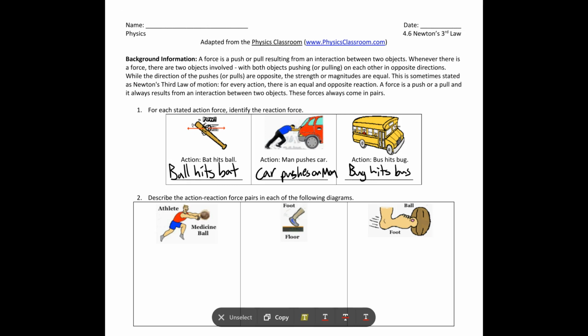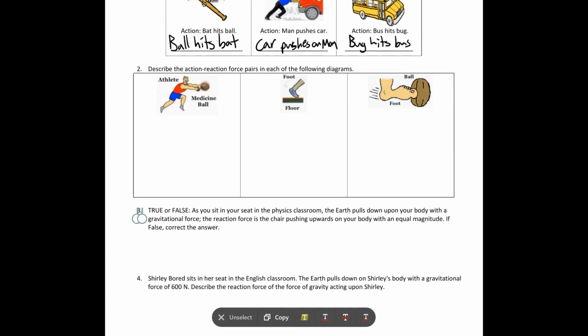That bus exerts an equal and opposite force on the bug, and the bug dies. It's enough force to kill the bug. The bug isn't as massive as the bus is, so it gets affected differently by this equal force. The force is equal, but the effect may be different depending on what the object is, how much mass it has, etc.